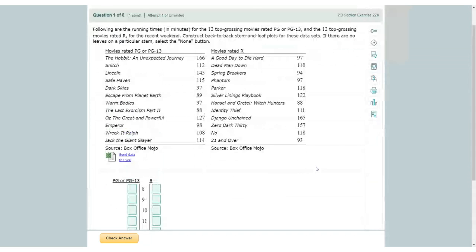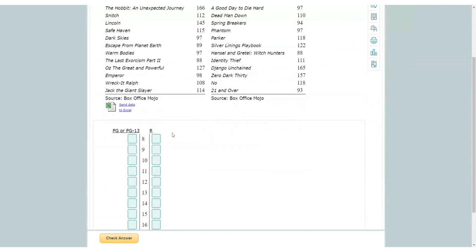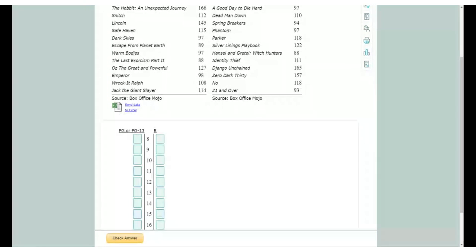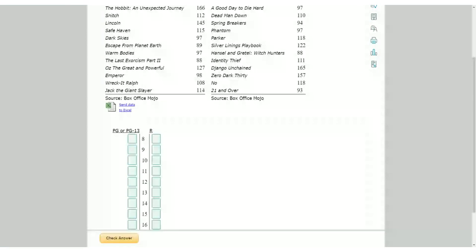All right. One of the things that will make this easier is to sort these. I'm going to download it in Excel and do that. You can do it by hand if you want to. You could also go through them and do it in two steps the way they did it in the PowerPoint or book, where you put them in the individual place that they go, and then in the second step you order them.